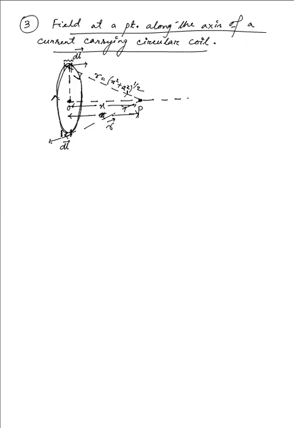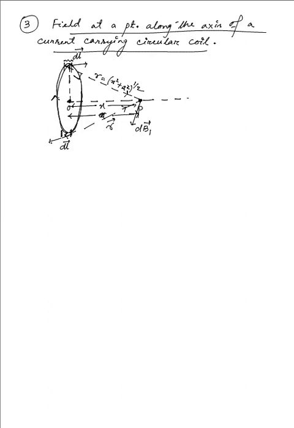The magnetic field intensity due to the top element dl: if you use your right hand and curl your fingers, the right hand screw rule will lead you to dB, which will be along this direction. This is dB1. Why dB1? Because the directions will be different.